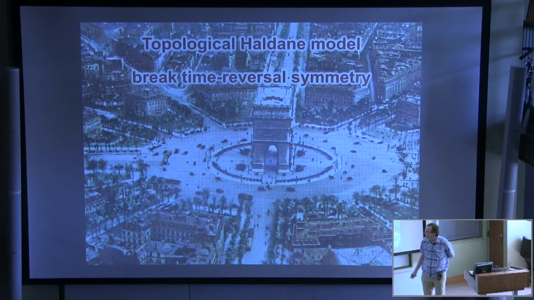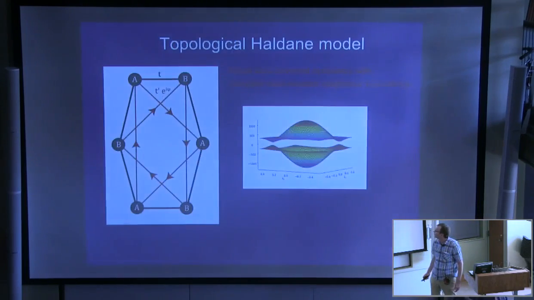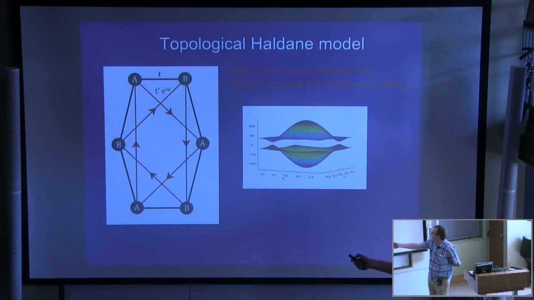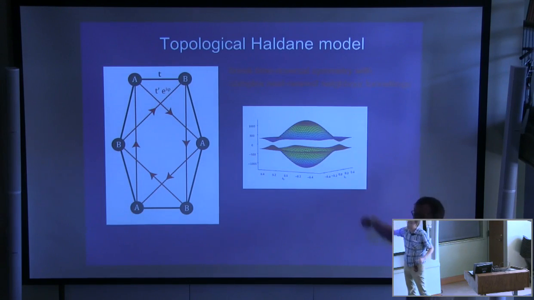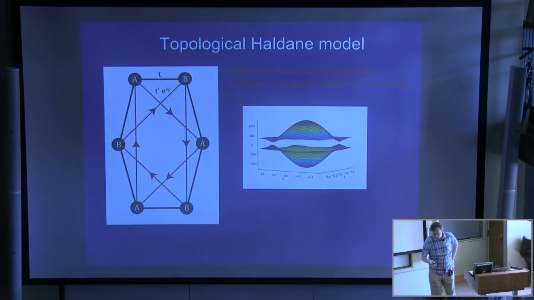As theoreticians, you can do that by introducing, he did it by introducing some complex matrix elements, which give you complex next nearest neighbor tunneling, arranged as it's shown here. And if you have this tunneling, then you open up two gaps again in the band structure, but now with the same Berry curvature.